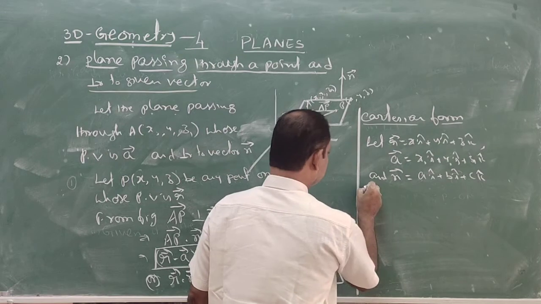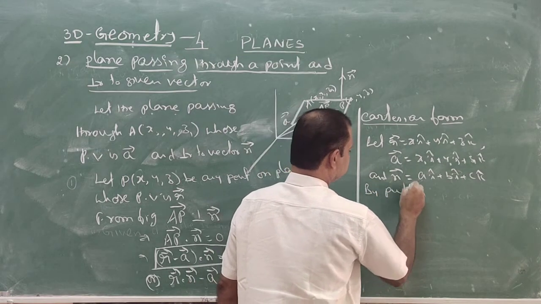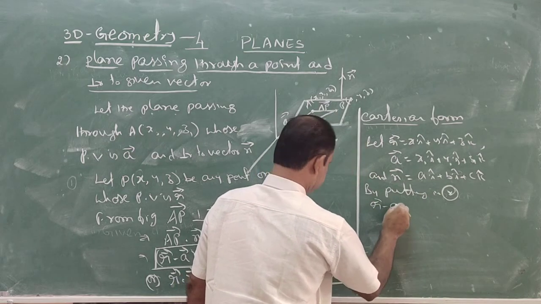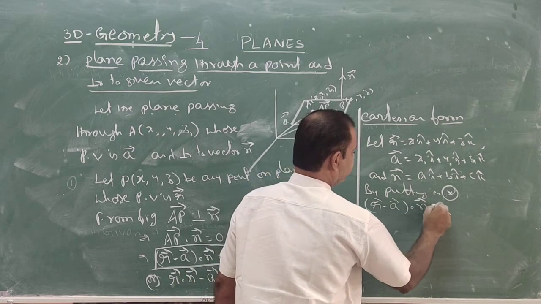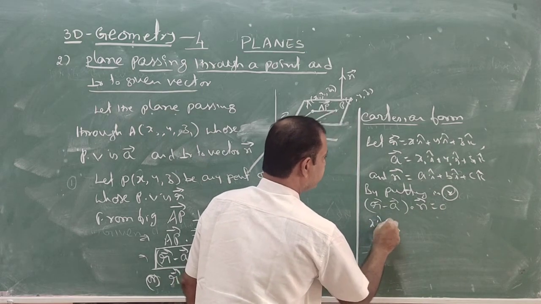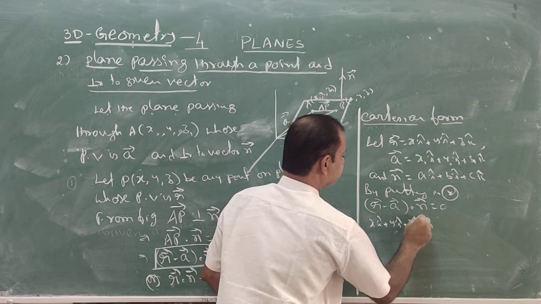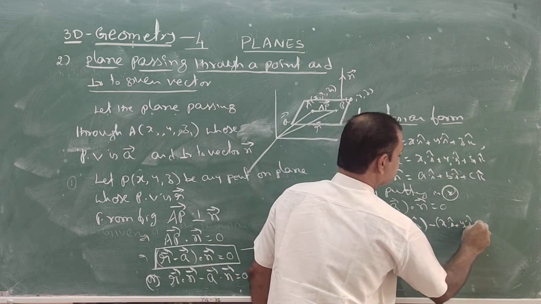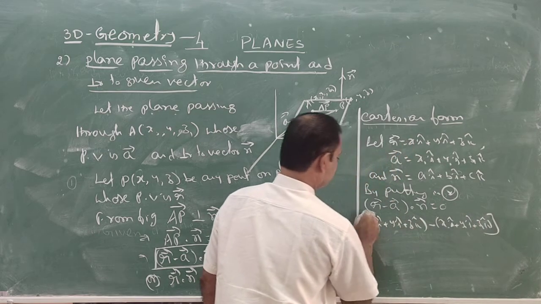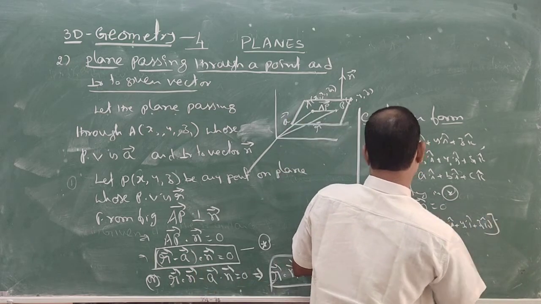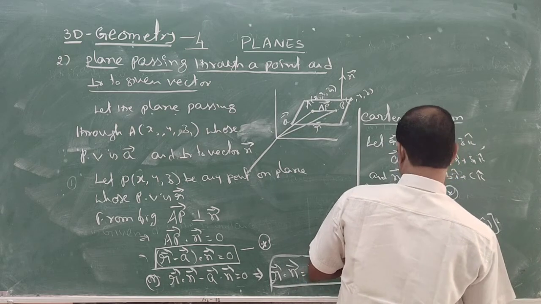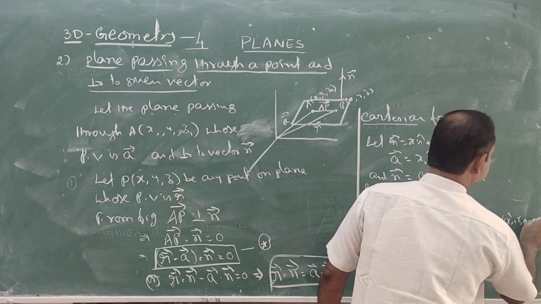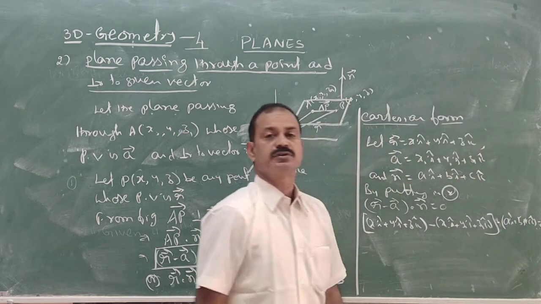Now just apply star by substituting in star. This is (R minus A) dot n is equal to 0. (xi plus yj plus zk) minus (x1i plus y1j plus z1k), dot n, which is ai plus bj plus ck, is equal to 0.